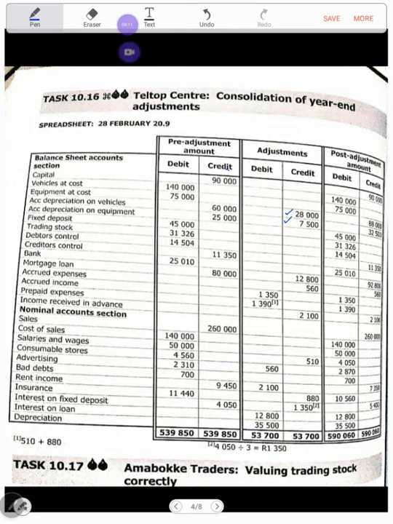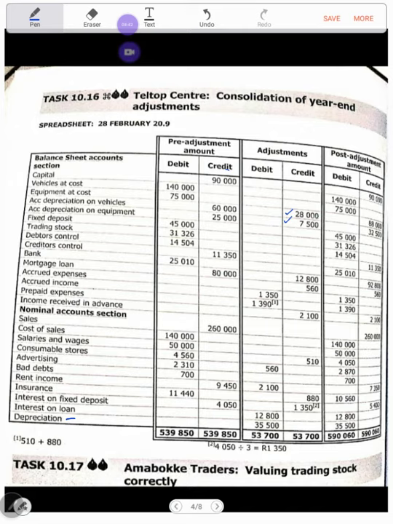Right. So with that being said, remember, for every debit there is a corresponding credit. So we worked out our credit, and now I have to go to my nominal account section and take depreciation, the actual expense, into account. What do I do with expenses? I debit expenses, and you will see that depreciation lies at the bottom.